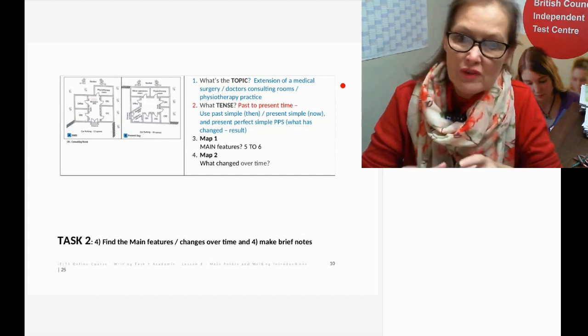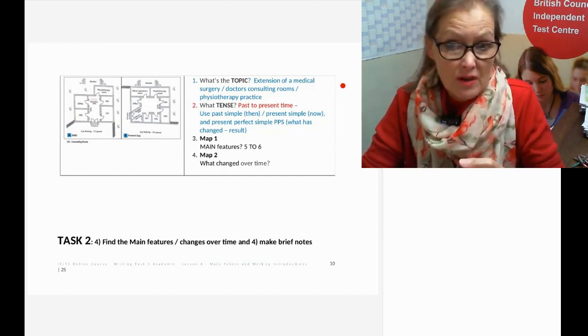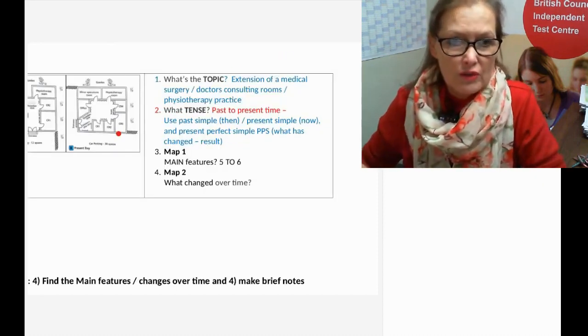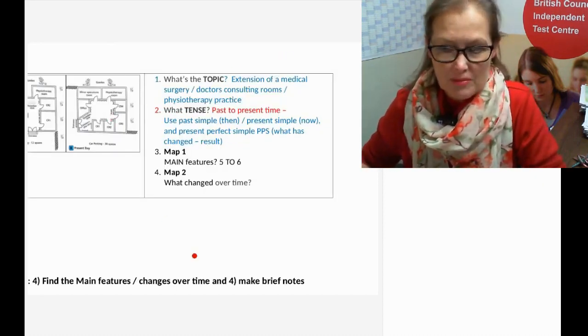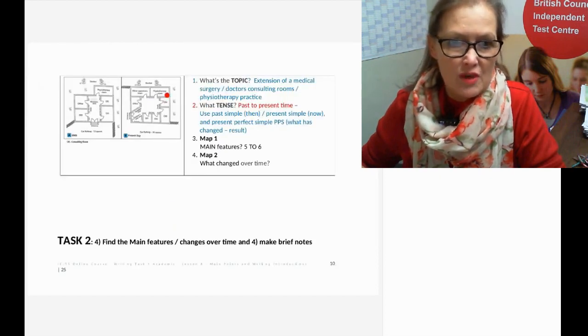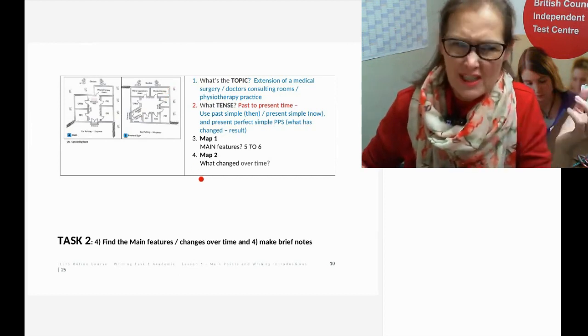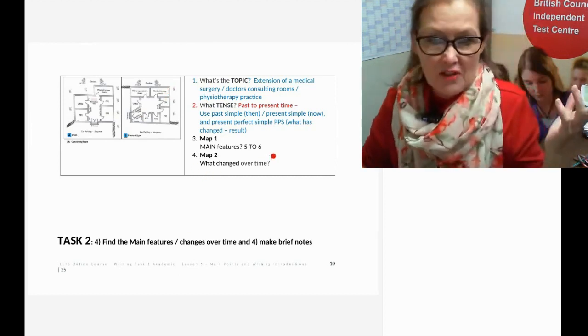Or we could vary the vocabulary and call it doctors' consulting rooms. Or we've got a room right at the back there, physiotherapy. What is that? Got a physiotherapy room. So we could even call it a physiotherapy practice if we understand a little bit about how these things work.